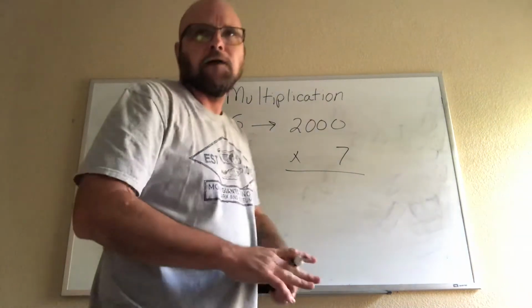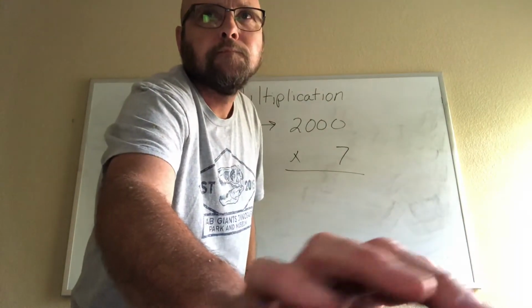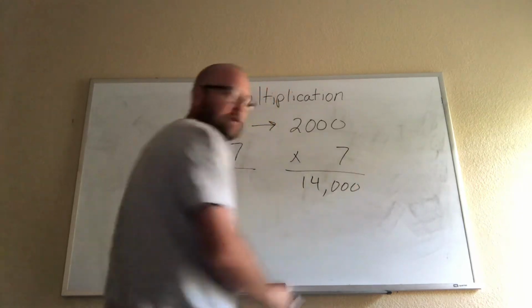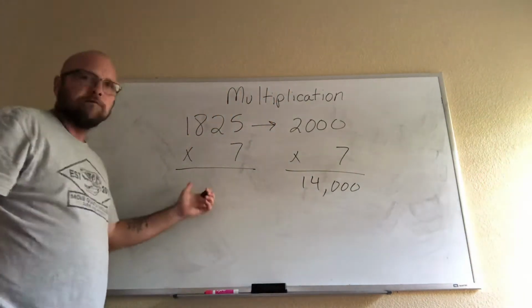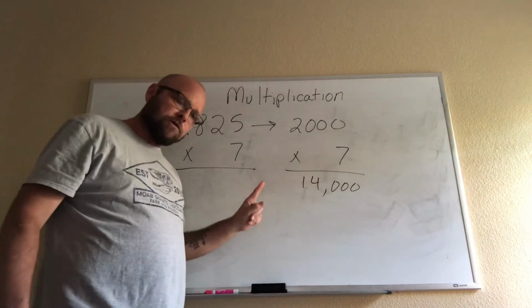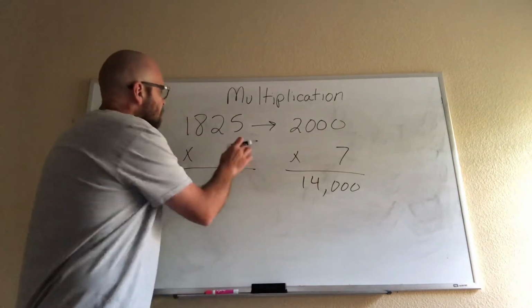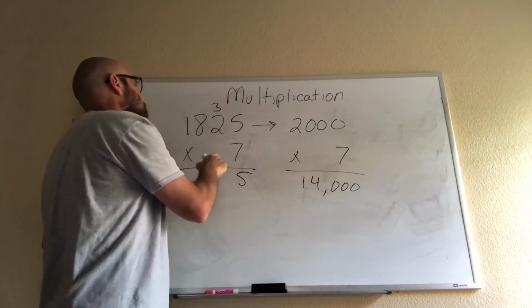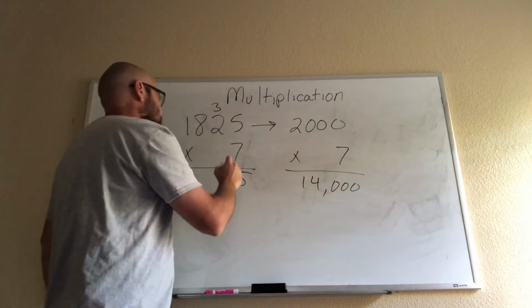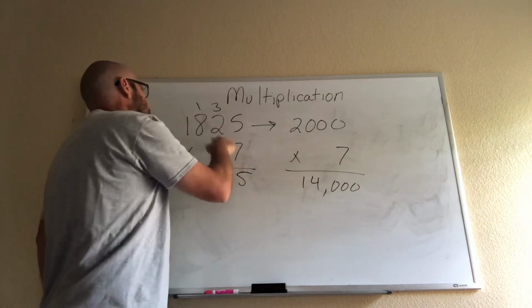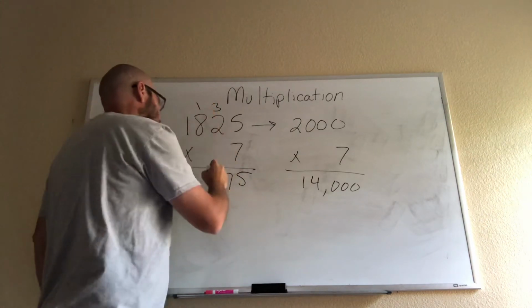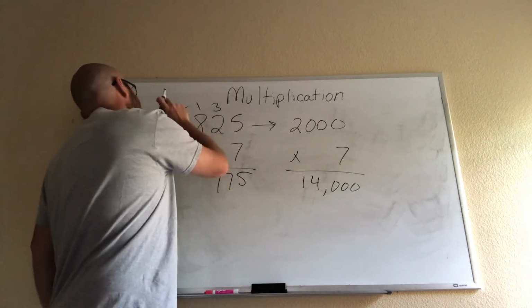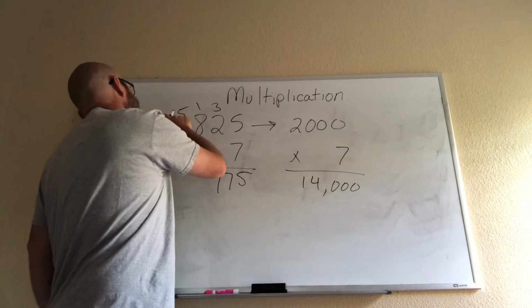Well, I know that 2,000 times 7 is 14,000. Because I can do that in my head. So now, as long as I know my one-digit multiplications, or I can look at a multiplication chart, 7 times 5 is 35. 7 times 2 is 14, plus 3 more is 17. 7 times 8 is 56, plus 1 more is 57. 7 times 1 is 7, plus 5 is 8, 9, 10, 11, 12.